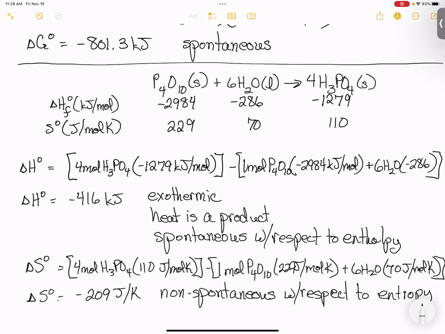You can have an enthalpy that is non-spontaneous and an entropy that is non-spontaneous, and the reaction will be non-spontaneous. But you can have an enthalpy that's spontaneous and an entropy that's non-spontaneous, or vice versa. And what it means is one of those is going to control the reaction.